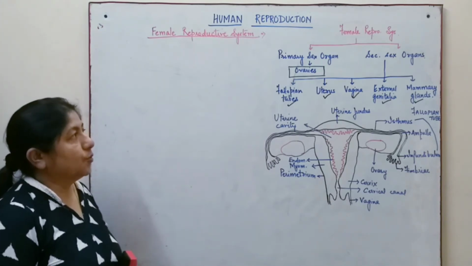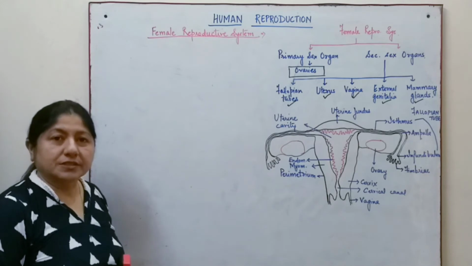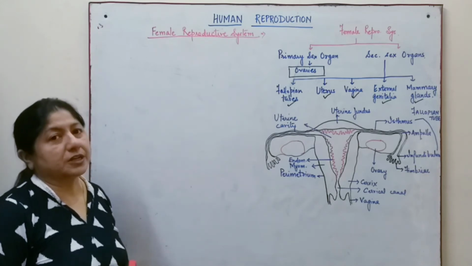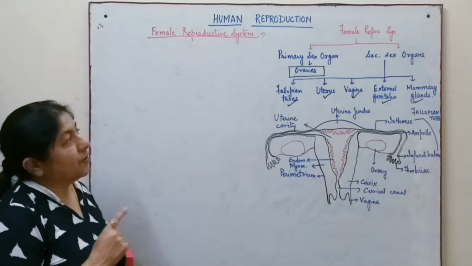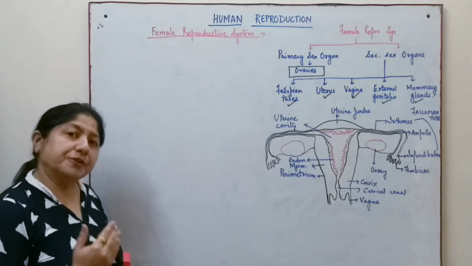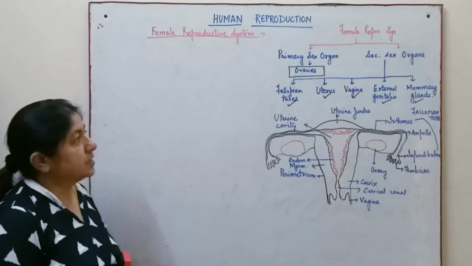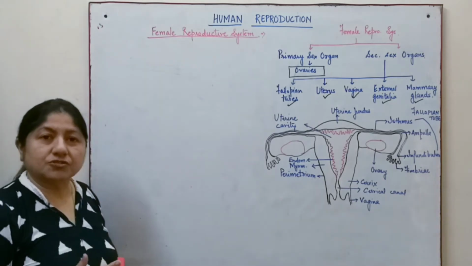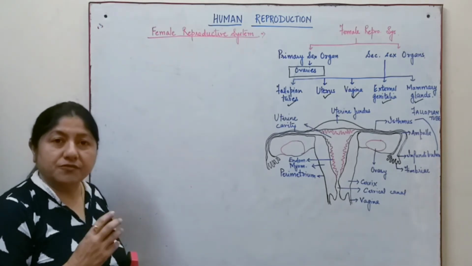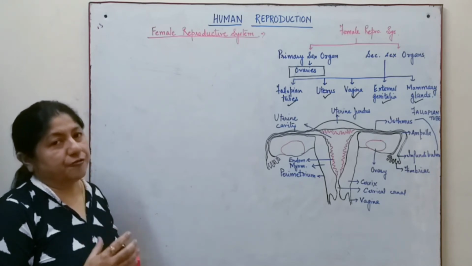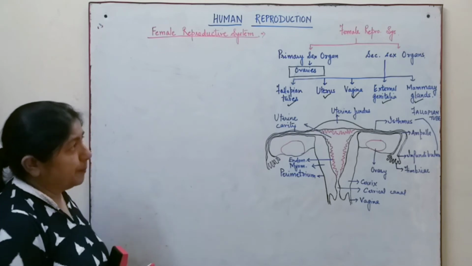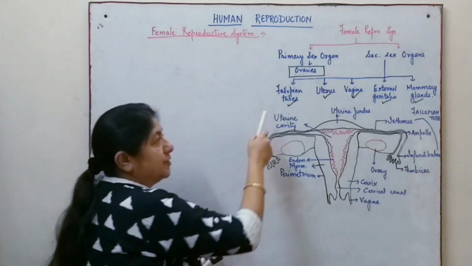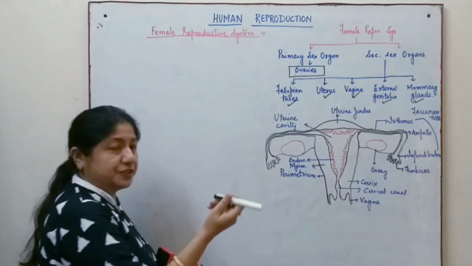As you already know, the primary sex organs are responsible for the production of the gametes, the female gamete, which is ova, and also for producing certain hormones. The secondary sex organs, on the contrary, are not involved in the making of the gametes, but they facilitate fertilization.